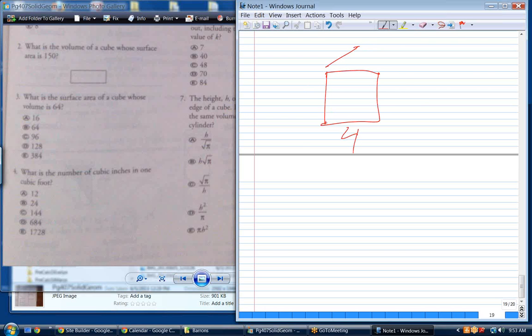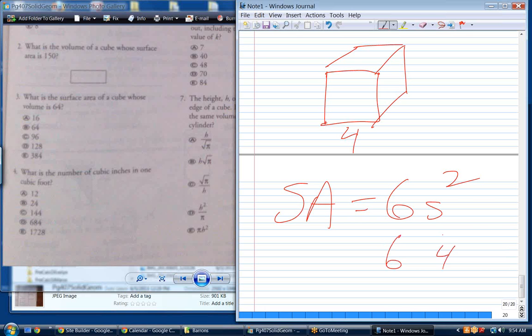Well, you had the surface area. What's the surface area equal to? The surface area is equal to 6e squared for the edge. So what's the result of 6 times 4 squared? Yeah, it's actually only going to be 96. I'm not sure what I hit on the calculator.